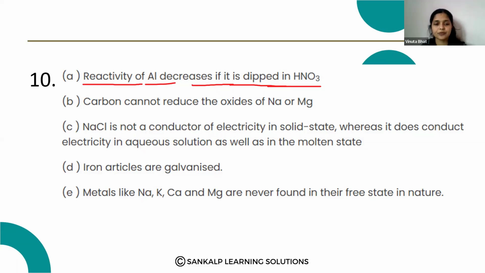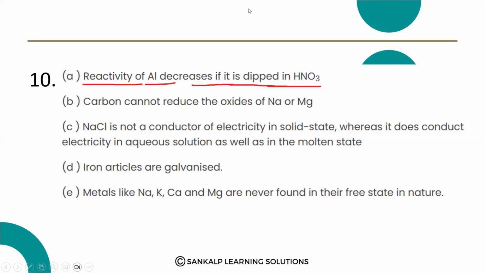And the fifth one, metals like sodium, potassium, calcium and magnesium are never found in their free state in nature. So you should give the answer for all these questions. One of the very important questions. First, you should note down these questions.